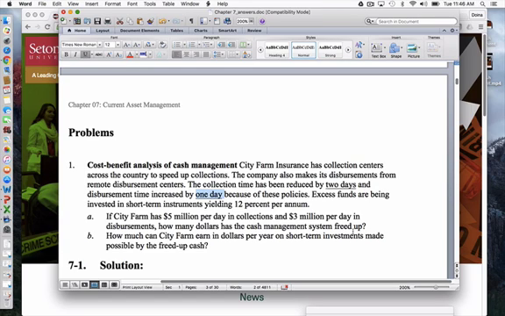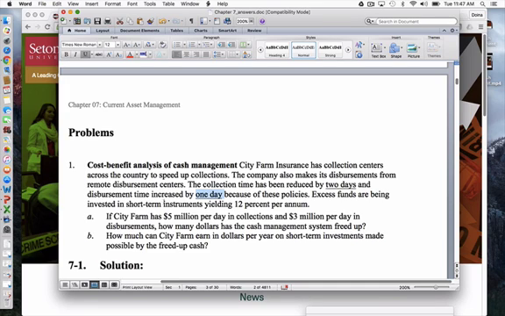Well, like in the previous application we did with the insurance company, to find out the total cash freed up on the daily basis, we have to multiply the number of days you speed up collections times the amount of collections, so in this case 2 times 5, plus add the number of days delayed disbursement times the amount of disbursement, in this case 1 times 3.